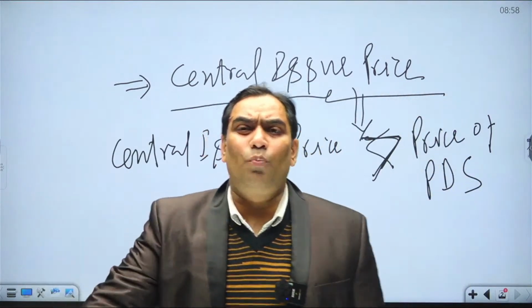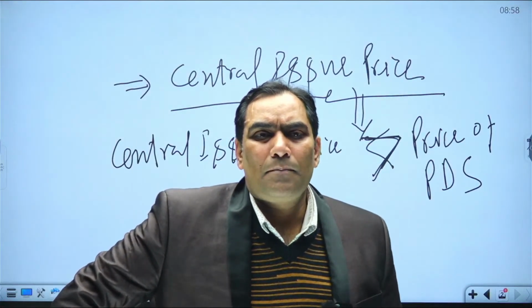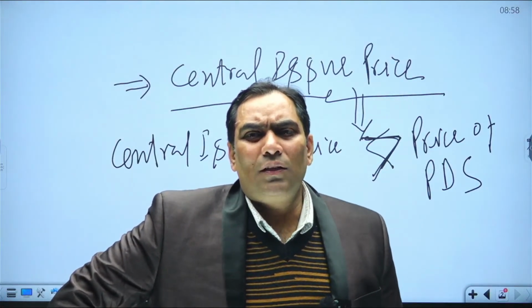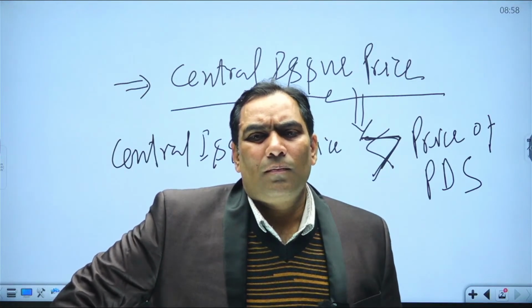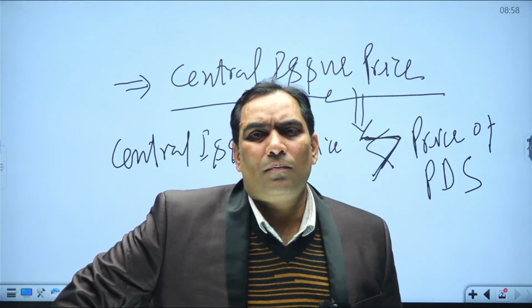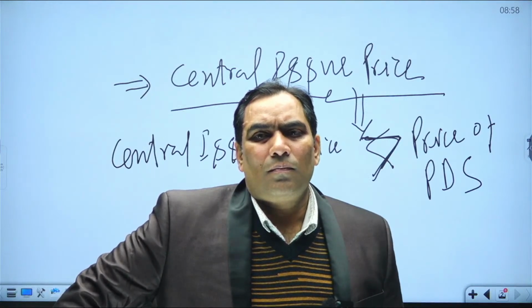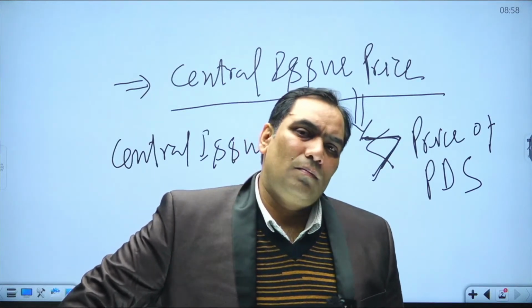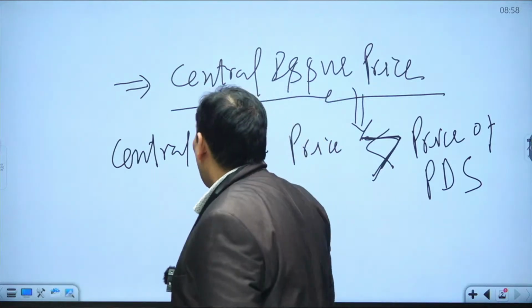Can the central issue price be more than the prices of PDS? Anyone? This is a matter of common understanding only. It can never be.